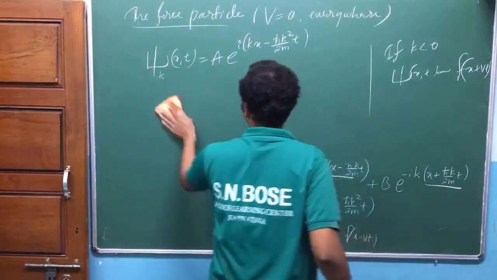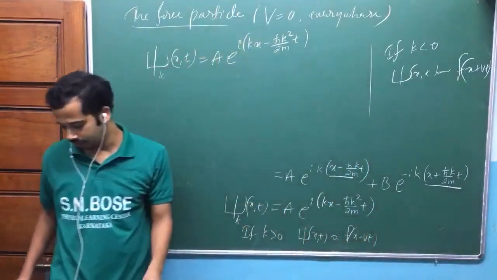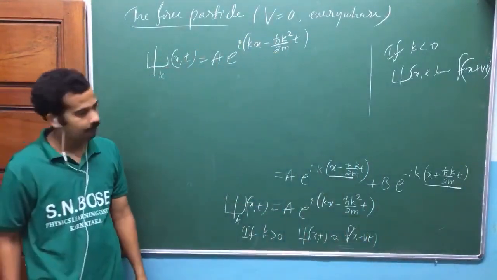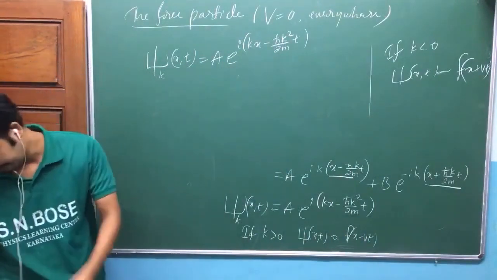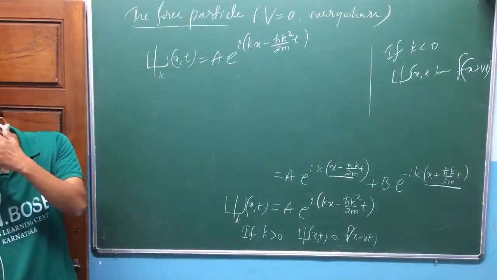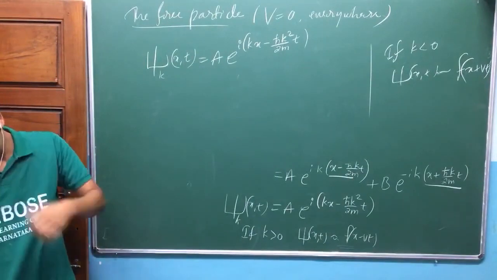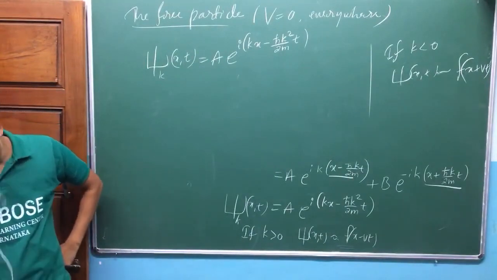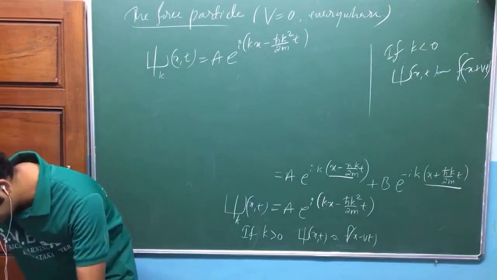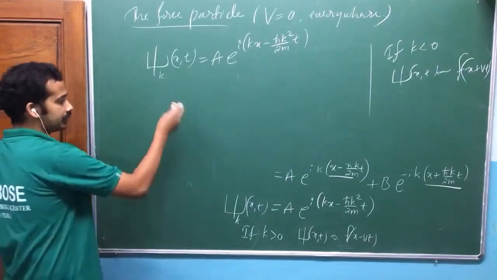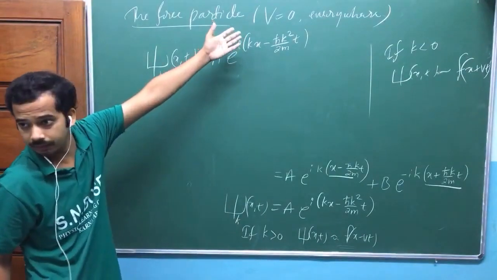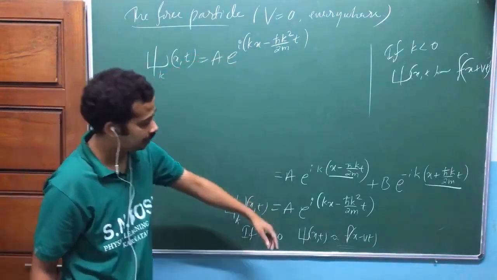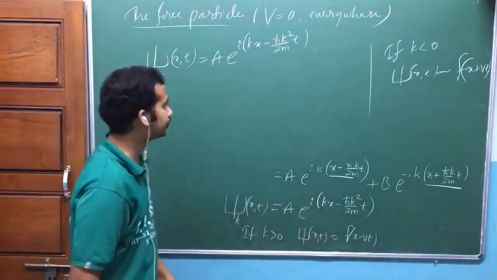Now, when I look at this whole thing, what is the velocity, the speed of the wave? Again, this capital V is potential, okay? It was potential. This one is velocity. Don't get confused.